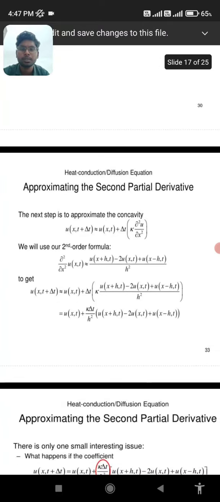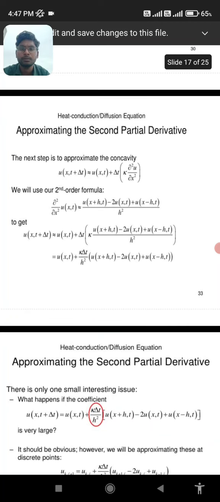The next step is to approximate the concavity. u(x,t+Δt) = u(x,t) + Δt·k ∂²u/∂x². We will use our second order formula: ∂²/∂x² u(x,t) = [u(x+h,t) − 2u(x,t) + u(x−h,t)]/h².